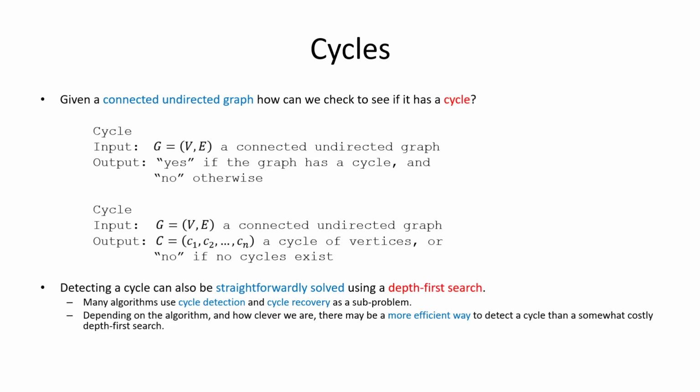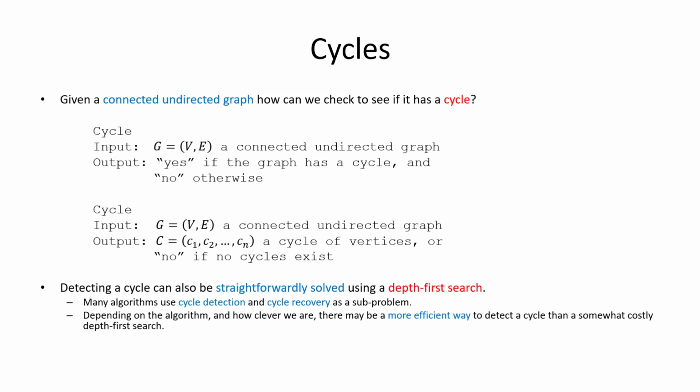So again, here I've characterized my problem as a decision problem and as a non-decision problem, just for the purpose of characterizing the distinction there. My first one is just saying yes or no: does the graph have a cycle or not? The second one says, if there is a cycle, tell me which vertices are in that cycle and the order that they're in.